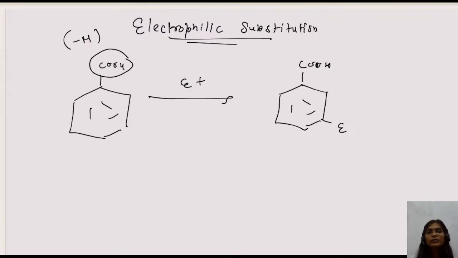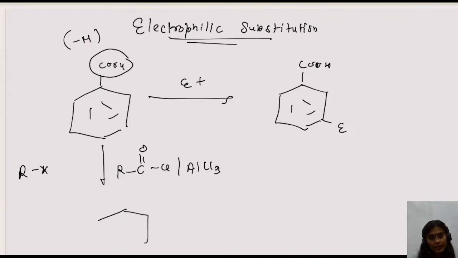But it can't be Friedel-Crafts alkylation or acylation. Can you just tell me why? Why not Friedel-Crafts reaction? What I want to highlight here is that if in this case I'm using RCOCl and AlCl3, or R-X, so alkylation and acylation, then the COOH group is still connected, and 1, 2, and 3, the meta position.